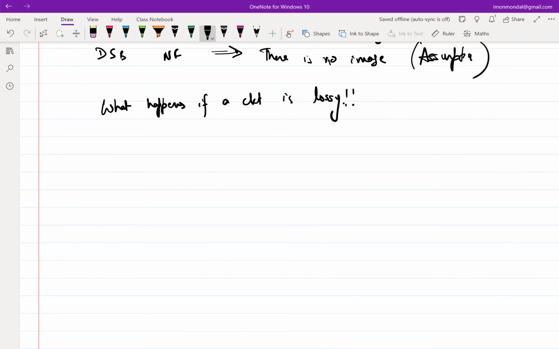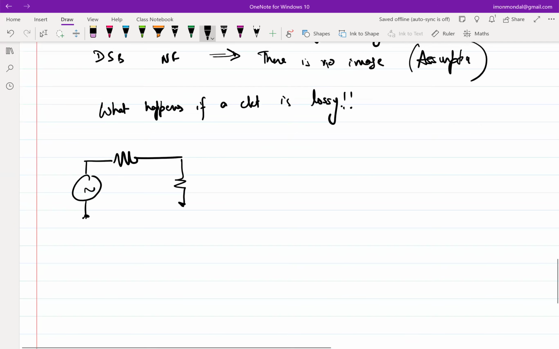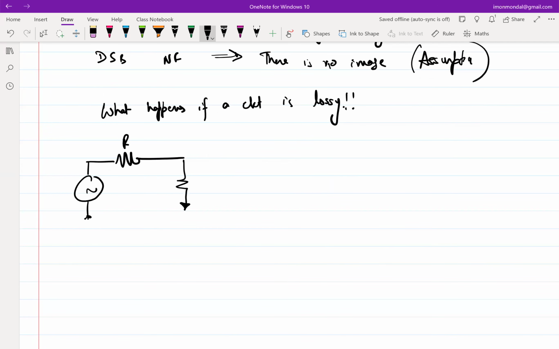So let's say a simple lossy circuit is a resistor divider. So this is RS, this is R1, right? If I have to find out the noise figure of this network, where this is the V0, what will I do? Can you help me through it? Noise factor will be, so let's say this is the source noise.